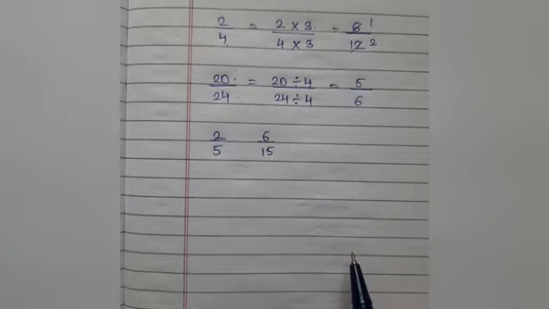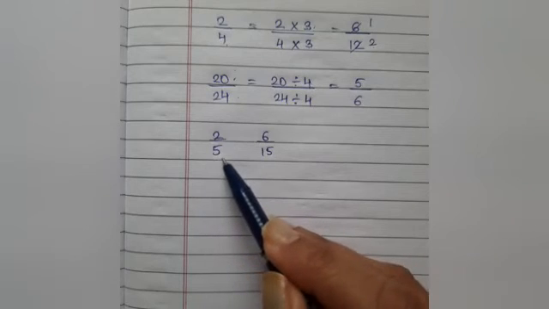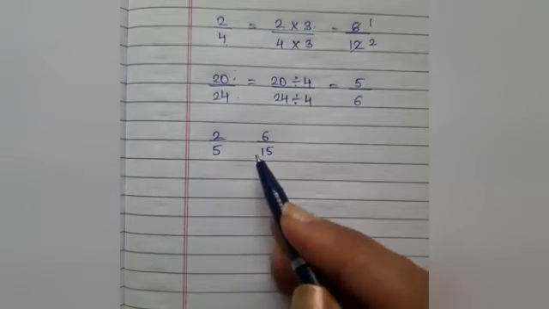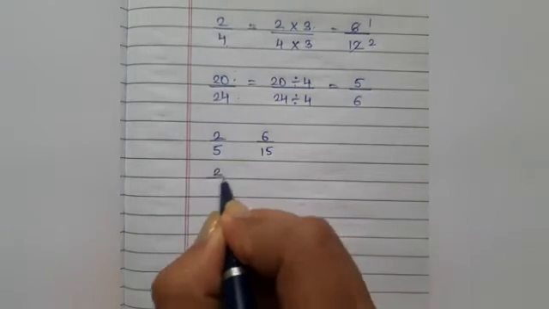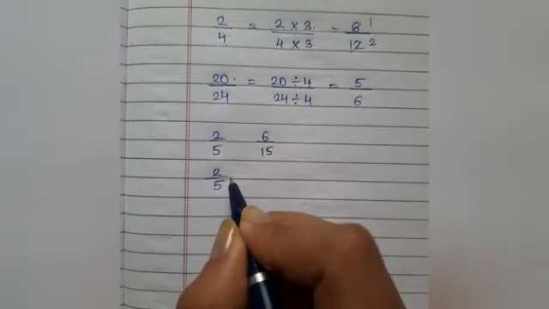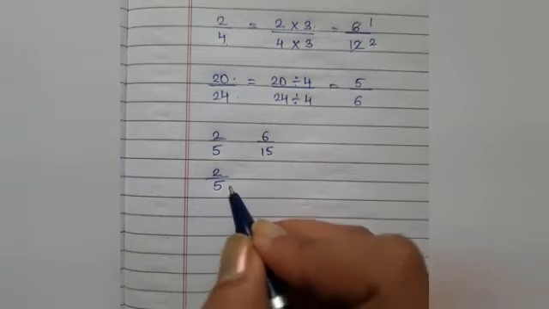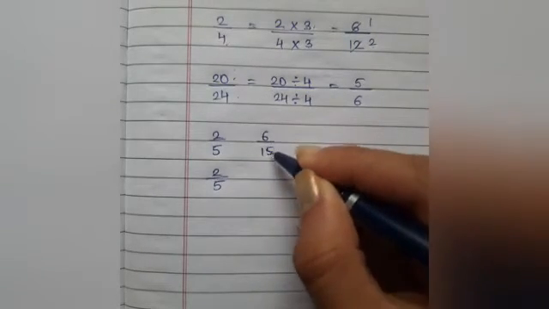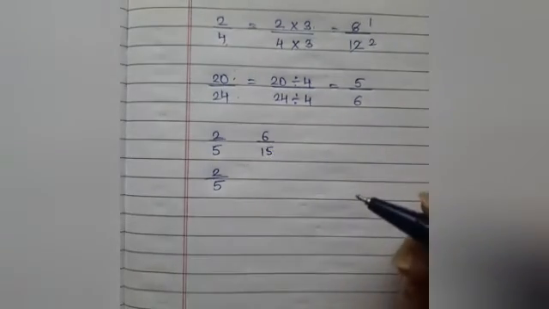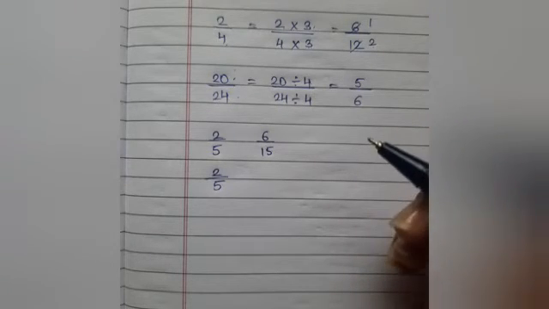Like here, observe this fraction. If we multiply 2 upon 5 with a number, we have to see that the number should have these numbers in its table. So that particular number is 3.